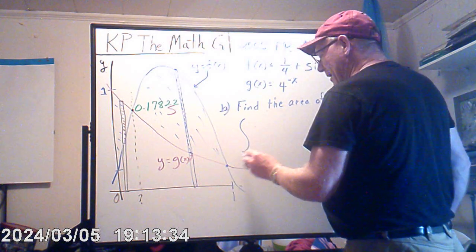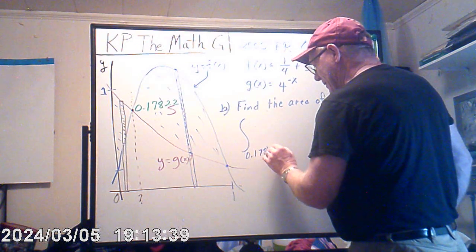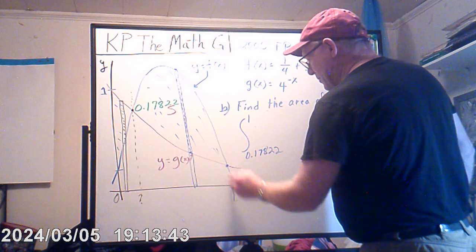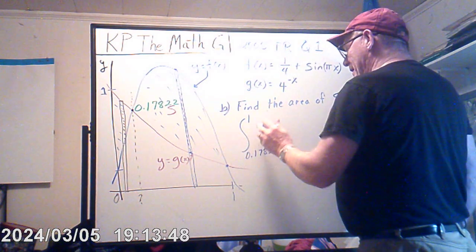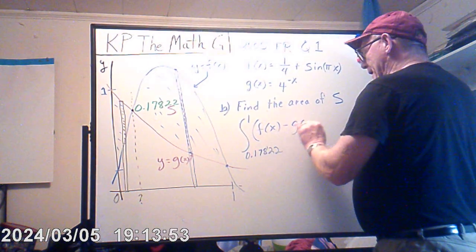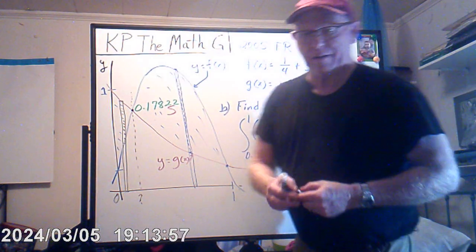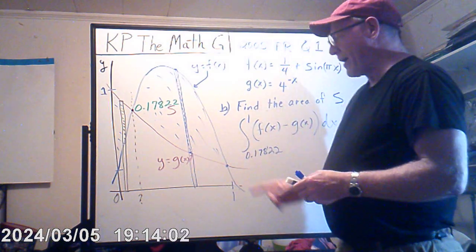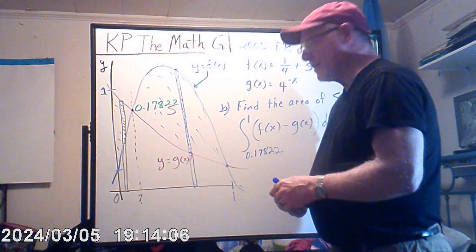Alright, so again, we're going from 0.17822 to 1 this time. This is 1 comma something, I don't know what it is. But this time it is F minus G, like that. And that's what you remember about area. This is actually not a real difficult problem, other than the fact you just have to find these points of intersection.